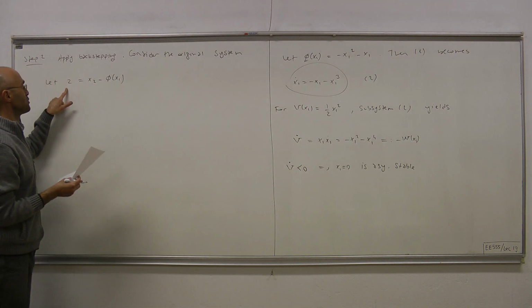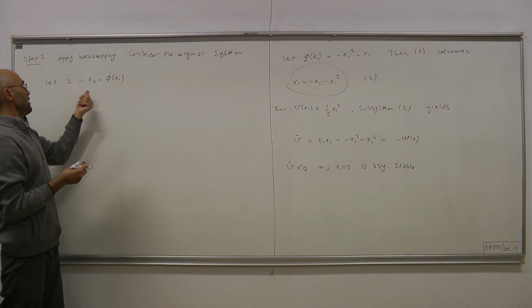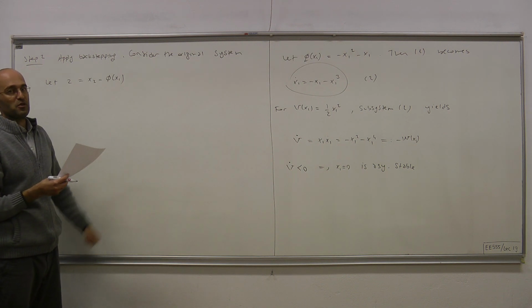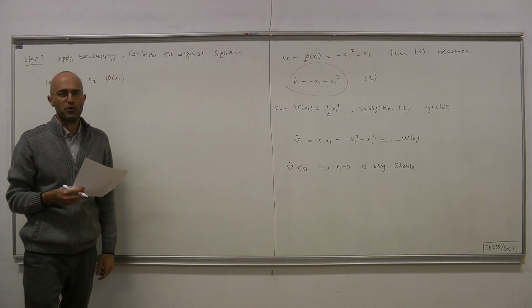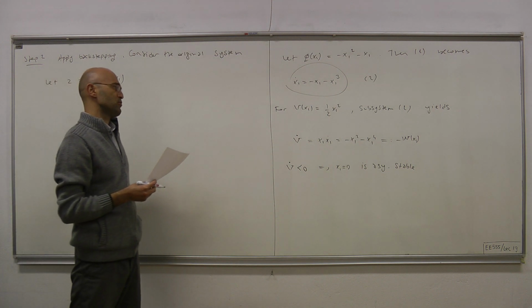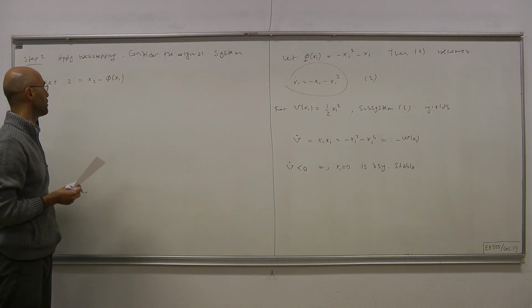If z is converging to 0, x1 is converging to 0, it means phi is converging to 0, and automatically x2 must also converge to 0. Hence x1 and x2 both converge to 0, and we have the asymptotic stability of the origin of the original system.